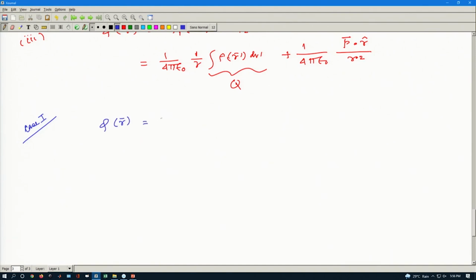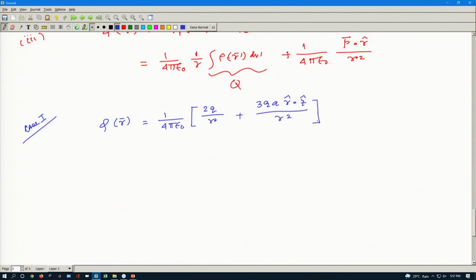I can take 1 by 4 pi epsilon 0 common, and the total charge was 2q divided by r, plus the dipole moment I calculated, which was 3qa, and then r unit vector dot z divided by r square.